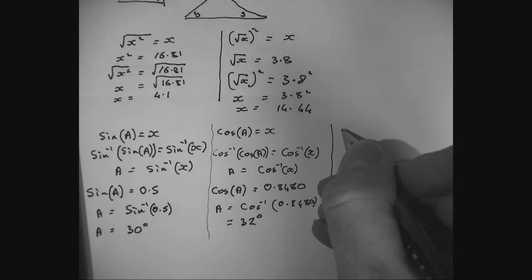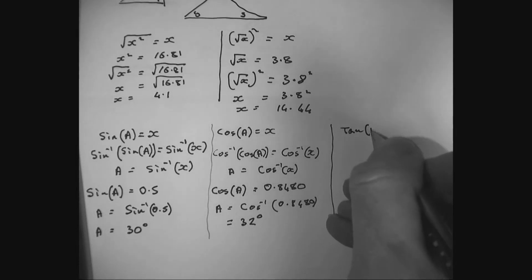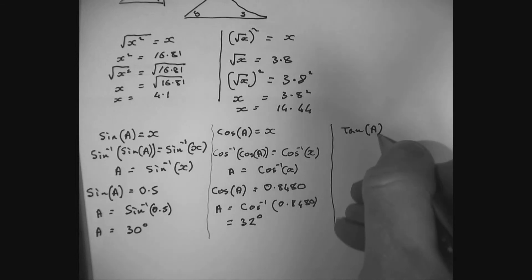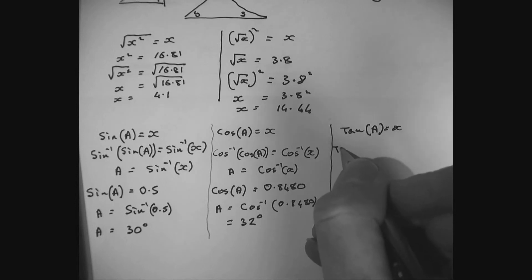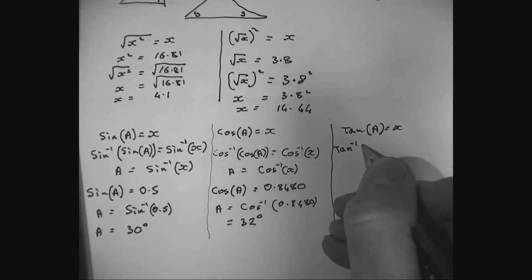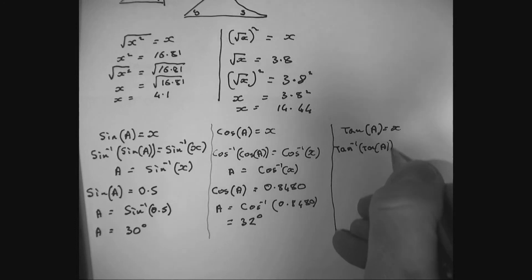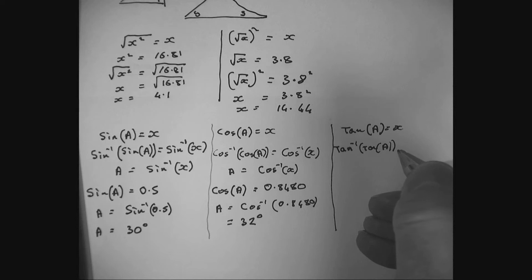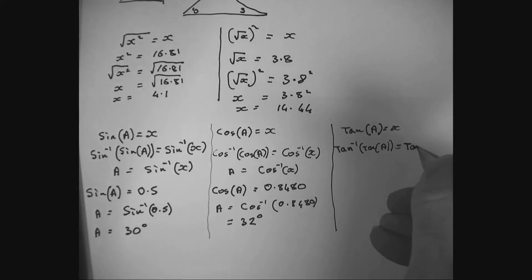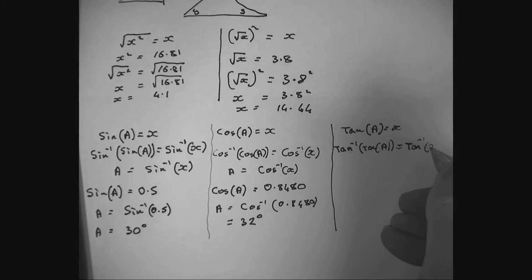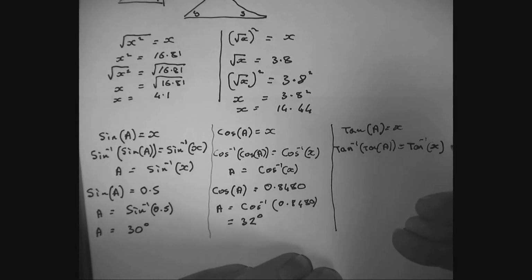Inverse tan. If we are told that tan of the angle A equals x, then the undo or the inverse tan of the tan A equals the inverse tan of x.